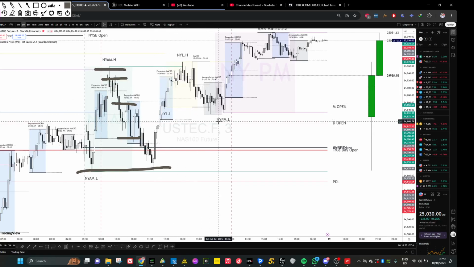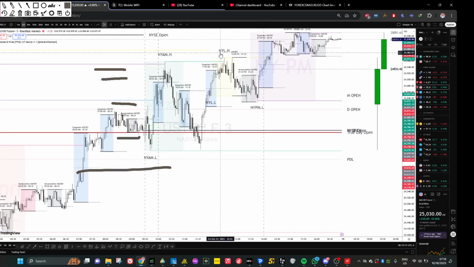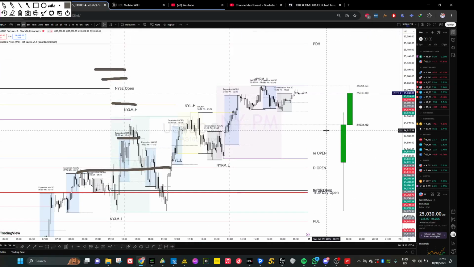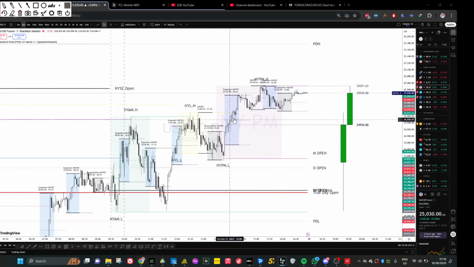And then we had a reversal, and right around after lunch you'd have gotten another entry opportunity right around here to take us into the PM session. 150 to 210 brought us all the way up, and you would have targeted this high, and then now the previous highs. Didn't quite make it up to the previous day's high.